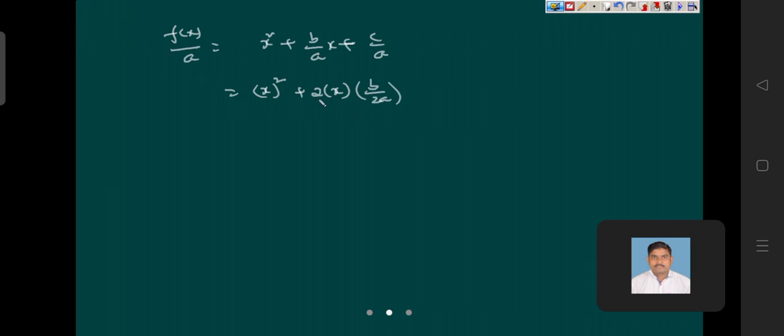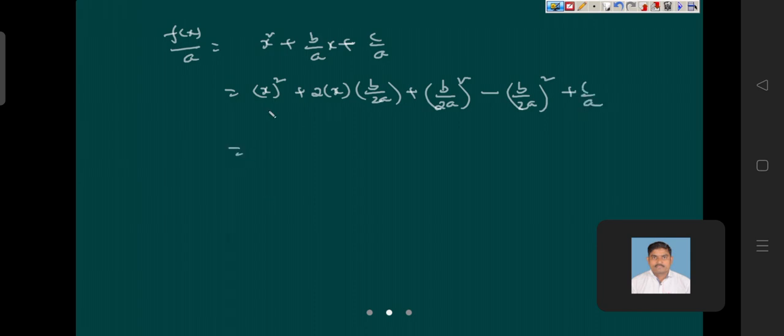Observe here, 2 into x into b by 2a, simplify, the 2 cancels, we get bx by a, that is the middle term. So comparing with the middle term, you can write in this way. Now I will add b by 2a whole square and subtract b by 2a whole square, plus c by a is there.